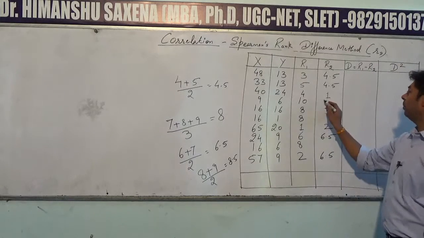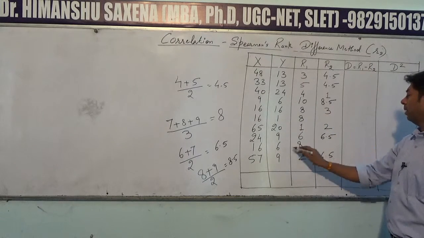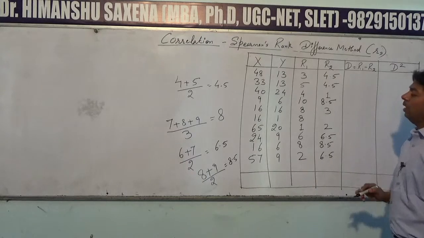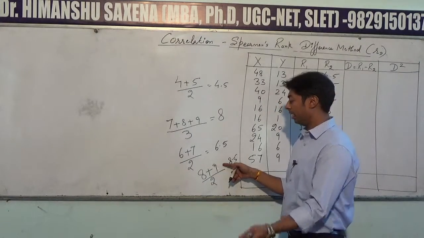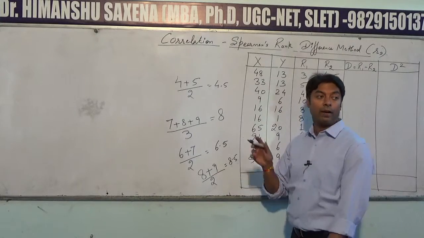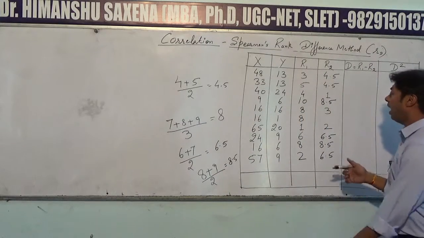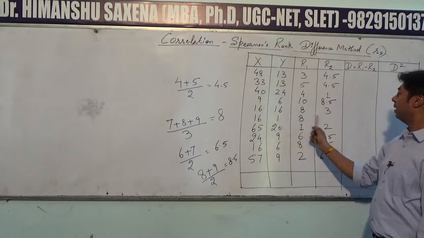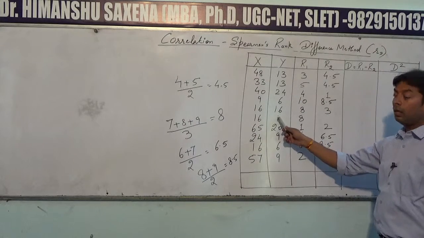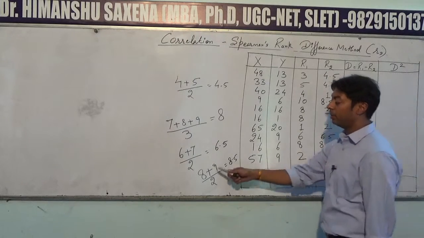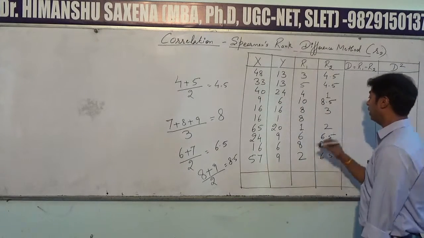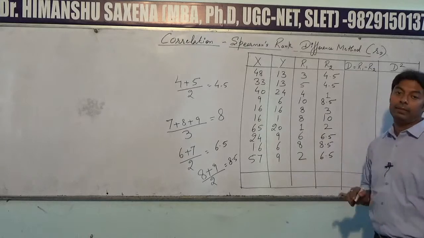So both these numbers will be given rank 8.5. Now 8 and 9 are gone. You cannot assign the next number between these two ranks. You will have to assign the next rank. The last number in this series is 1. This is the lowest number, and hence it will be assigned the rank after 8 and 9, and that is equal to 10.